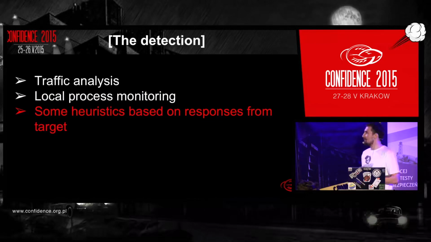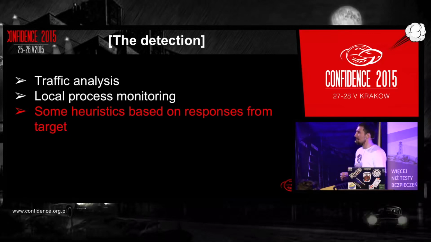The last method is a heuristic based on responses received from the target. This method is based on exactly the request-response mechanism between client and server. In this method, I placed some types of analyzing methods. For example, analyzing HTTP error codes which the target web server sends to us, or maybe an intermediate proxy sends to us.